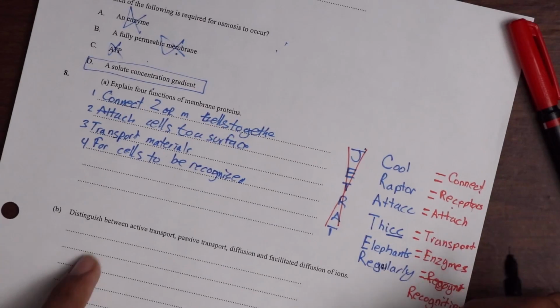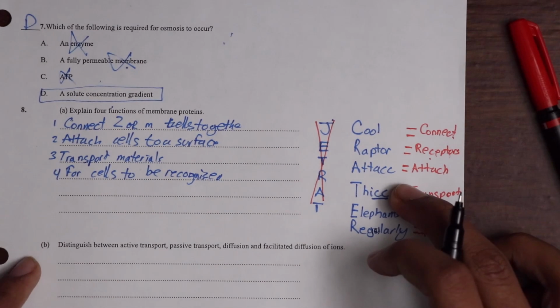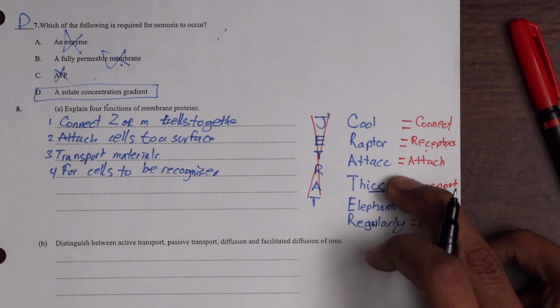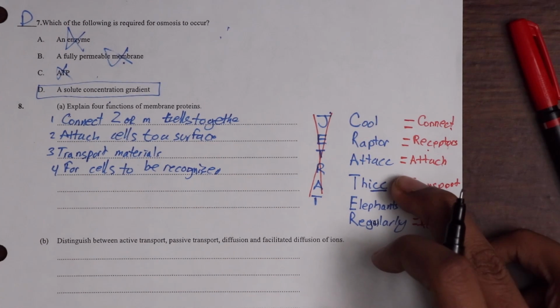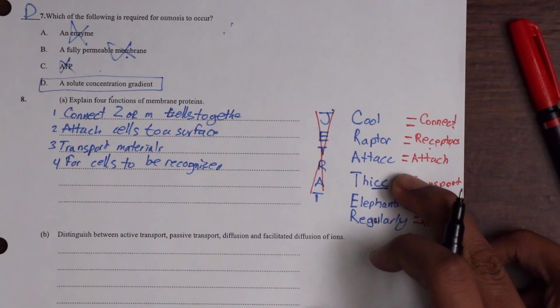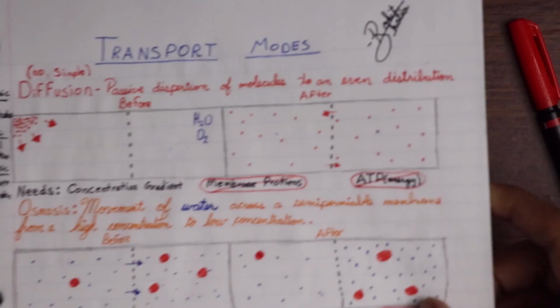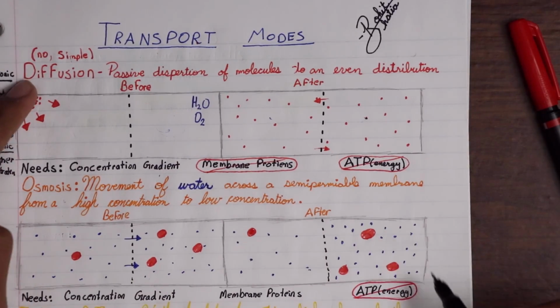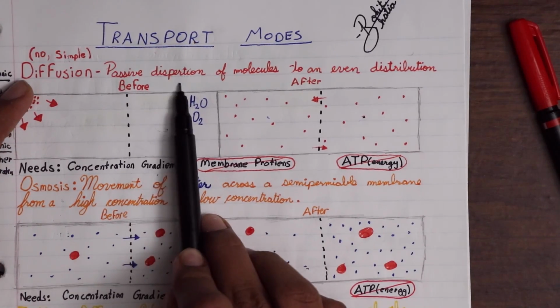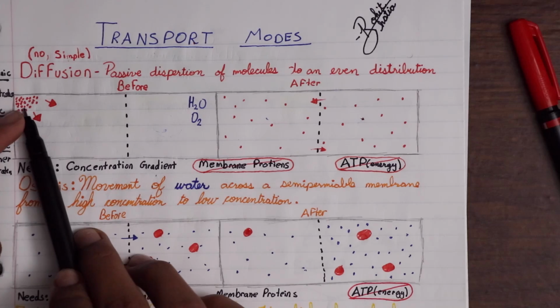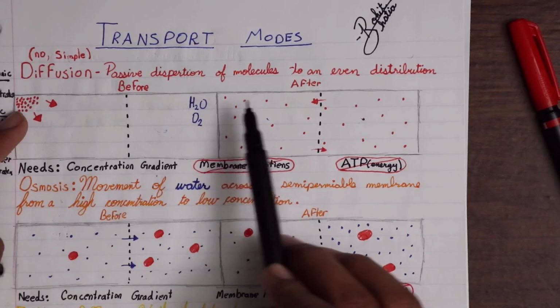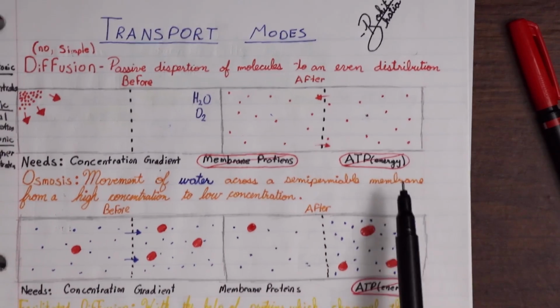Now, for question 8b, distinguish between active transport, passive transport, diffusion, and facilitated diffusion. So here, diffusion, again, is passive dispersion of molecules, going from a high concentration to an equal distribution.